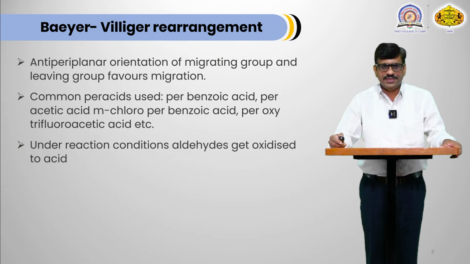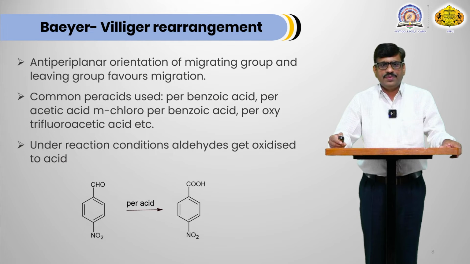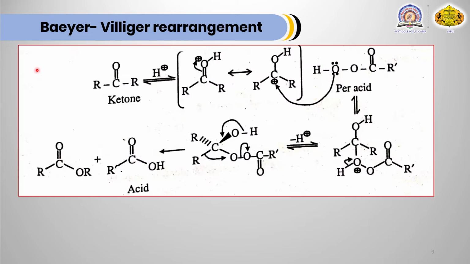These are some acids which can be used for this rearrangement reaction. Under Baeyer-Villiger oxidation conditions, aldehydes are converted to acid. That's why they do not undergo Baeyer-Villiger oxidation. Let's see, in this case the aldehyde is converted to acid with the help of peracid.